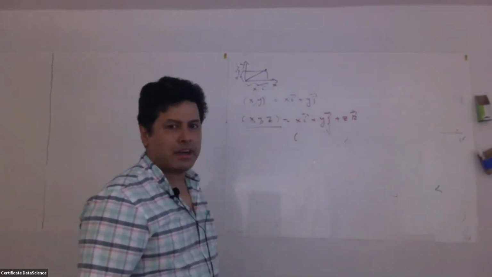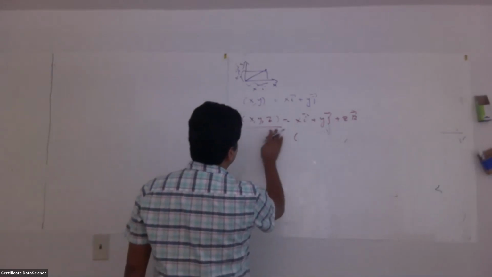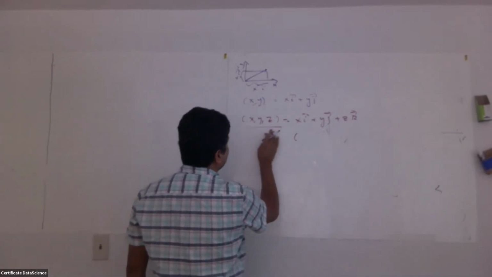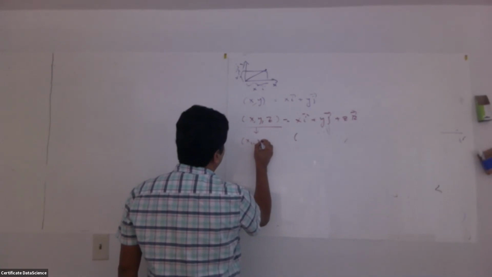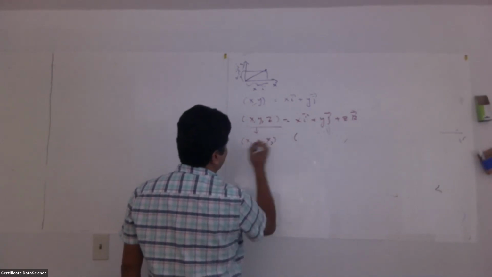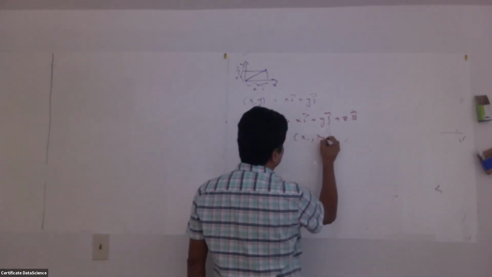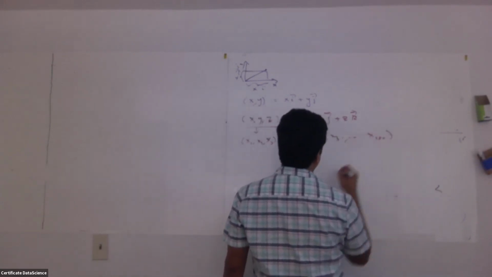And in machine learning, we are going to deal with vectors of more than 3 dimensions, in fact sometimes 1,000 dimensions. So you could write x1, x2, x3, meaning x, y, z. When you have hundreds or thousands, you can write like this, say 100 entries.